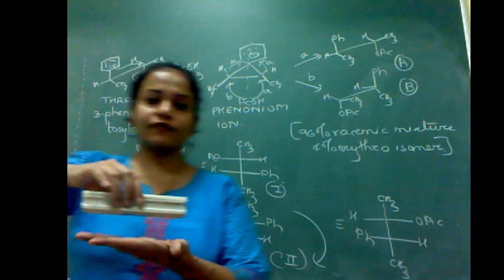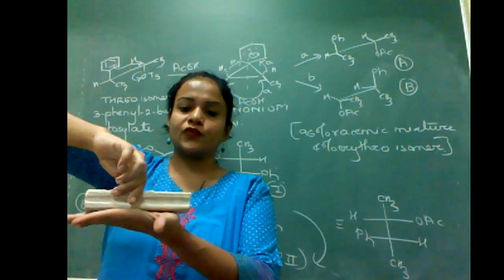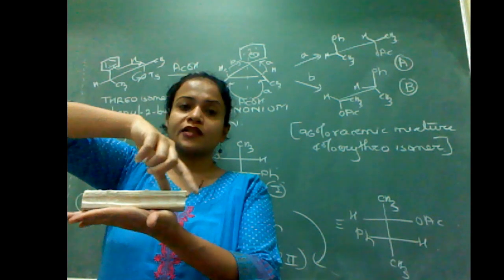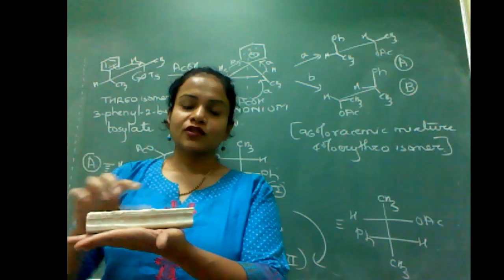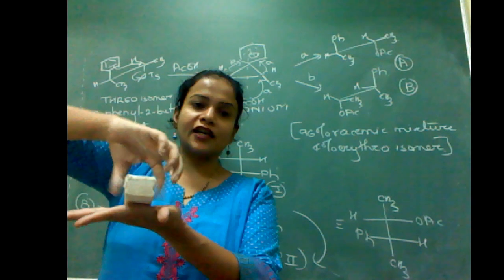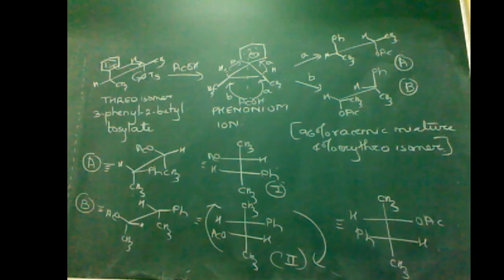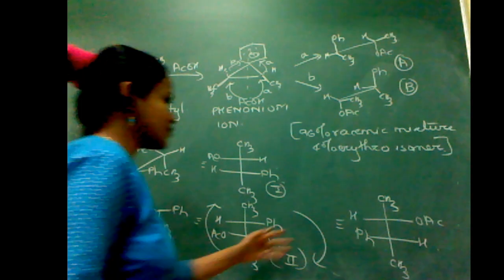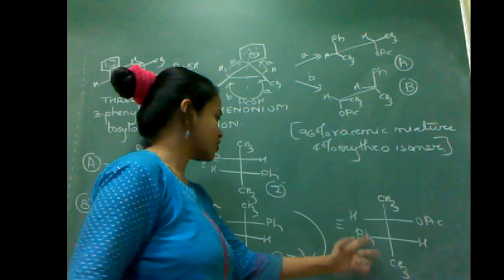If you have this duster, I do it this way. Whatever was present on top comes onto the bottom. I am not changing anything, I am just doing everything in a plane. This is known as in-plane rotation, wherein the substituents are rotated within the plane, and you get this particular structure.